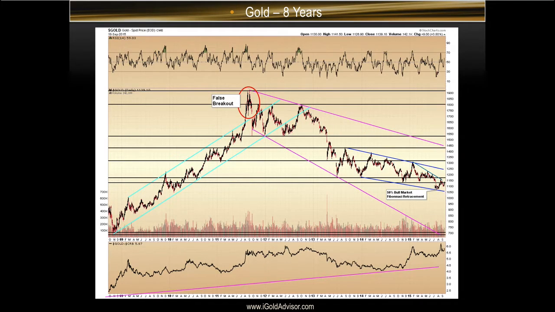You may want to be dipping your toe in the water here as this bottom forms, which may take, again, the next 12 to 18 months for this long-term bottom to fully be put into place. It's an excellent time right now for accumulation.